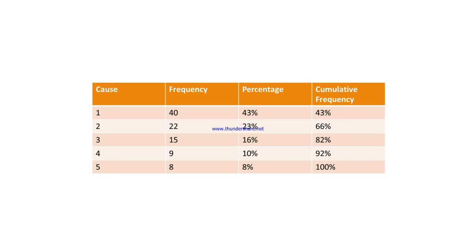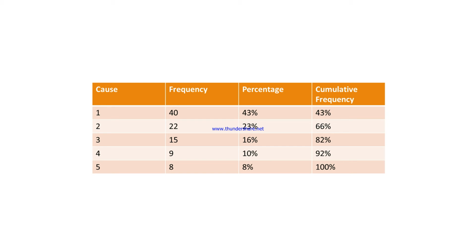Okay, so what you can do is, when you calculate the cumulative percentage, when it comes to the Pareto diagram, actually we are concerned about the causes which are having high frequency, and in this case we are concerned about the major causes.